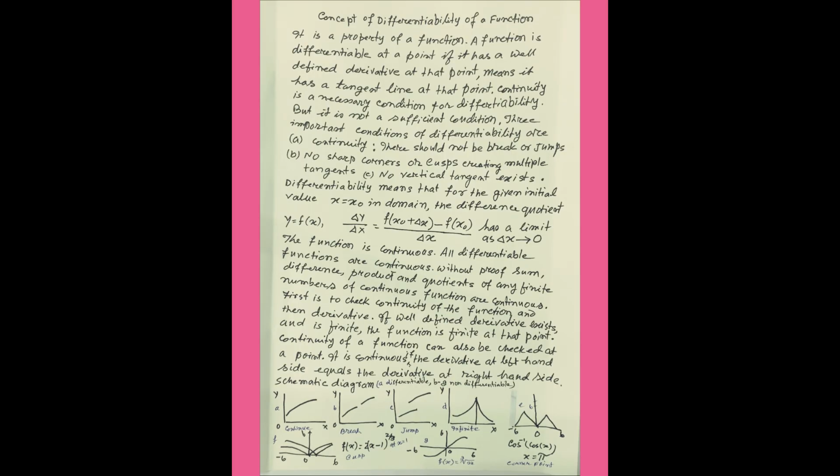The difference quotient, if y is a function of x, is change in y by change in x. In the domain we have values of y and values of x. Suppose y has changed from one observation to another, so there will be a change. Similarly for x.